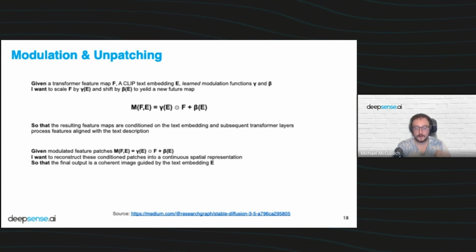So the idea is if we have a feature map and some of the features are close to what we want, we scale those up. If some of the features are far away from what we want, we scale those down. And then we can shift the whole thing. That's the purpose of modulation.